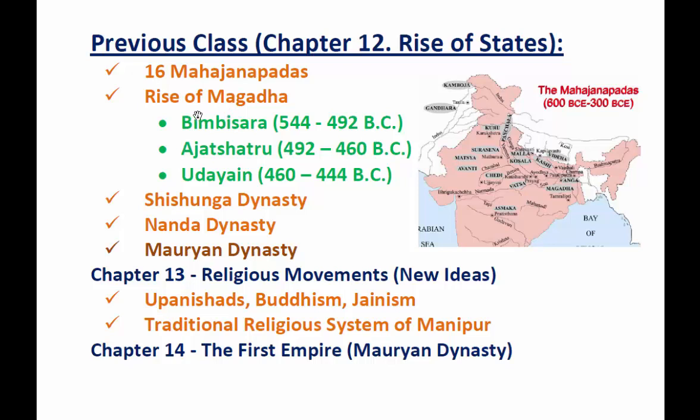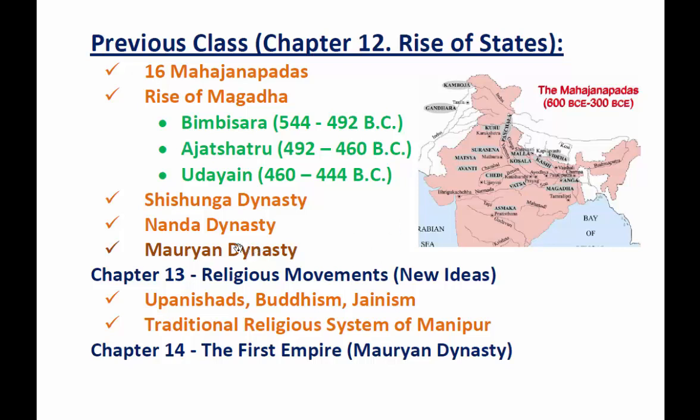So among these, some of the kings like Bimbisara, Ajatasattu and Udayan, we have already discussed in the previous class. The successors of this Udayan were very weak. They were ultimately defeated by the Sisunga dynasty. After the Sisunga dynasty, the Nanda dynasty came up, in which Mahapadma Nanda was the greatest ruler.